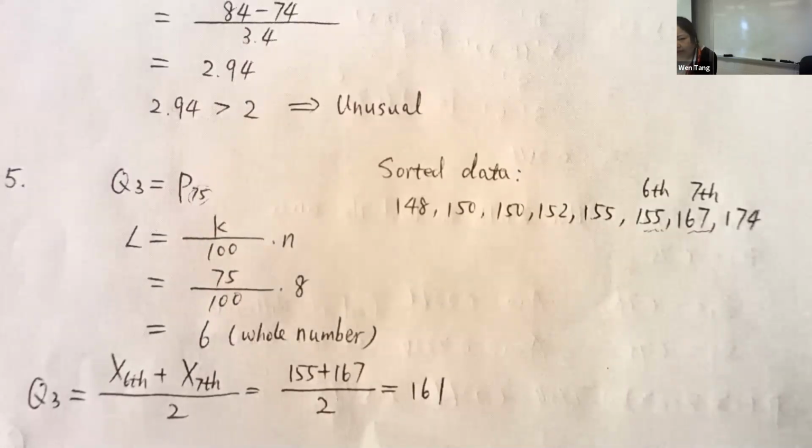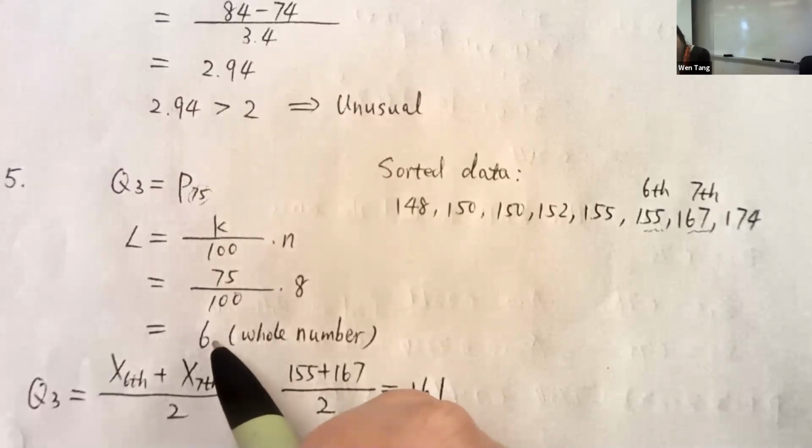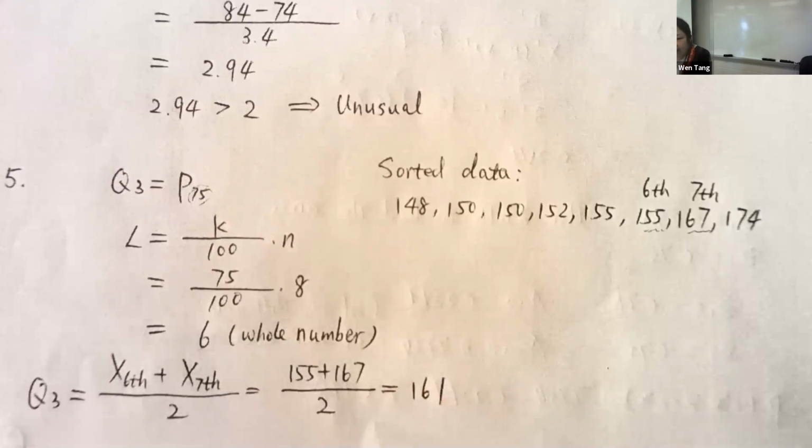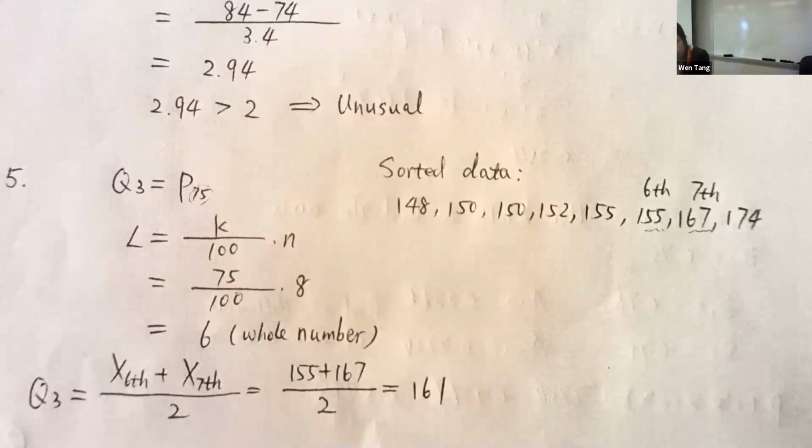But you still remember, if L is not a whole number, let's say L is like 6.2, a decimal, then we're gonna just check one value. We always round up to the next whole number.